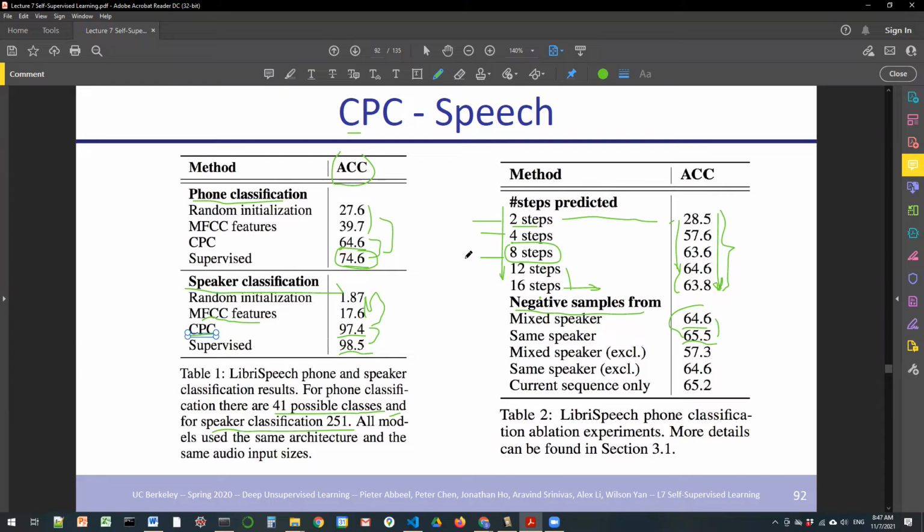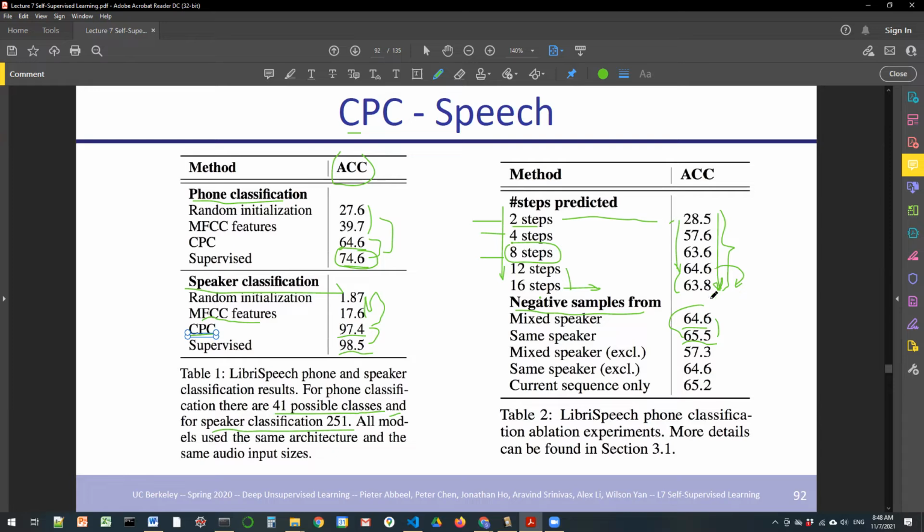And as we go further into the future, the entropy is higher, the amount of bits that are shared between the context and the target gets lower, and therefore you see this drop between predicting up to 12 steps and predicting beyond that, say up to 16 steps.